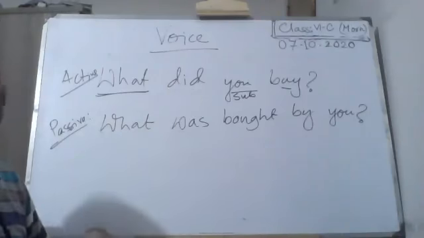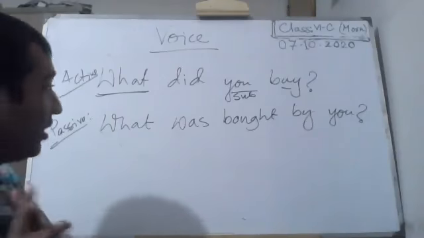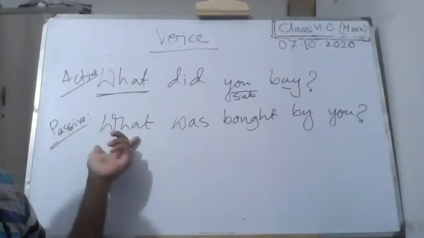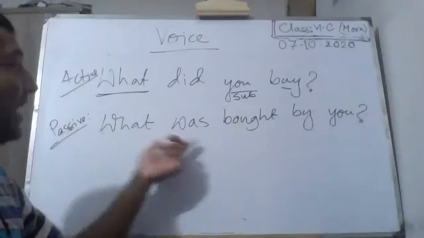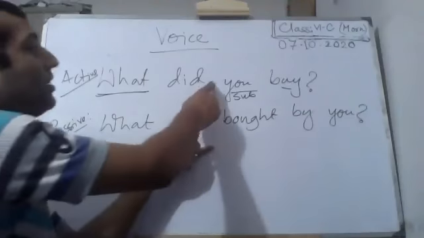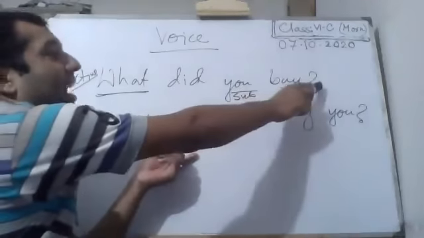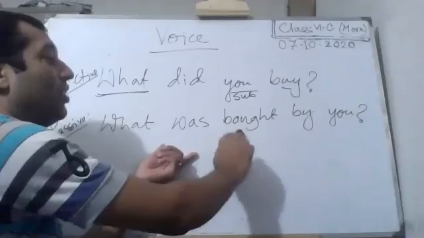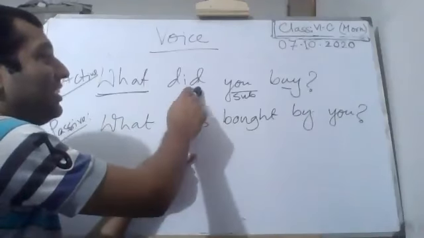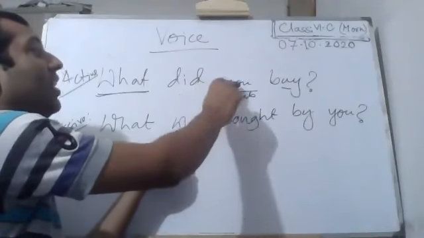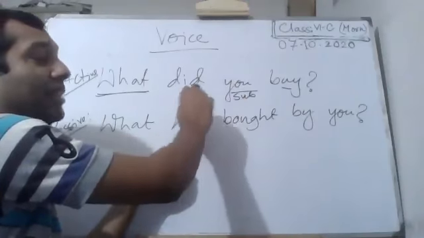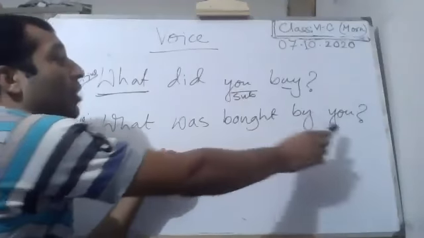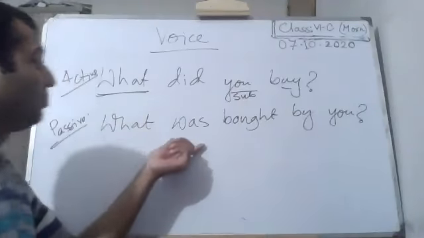So once again, I am going to tell you the rules. The rule is you have to use the WH word at the very beginning of the passive sentence. Then, if the active sentence has any object, the object will become the subject of the passive one. As the given sentence does not have any object here, the subject is you, and you will become the object in the passive sentence.